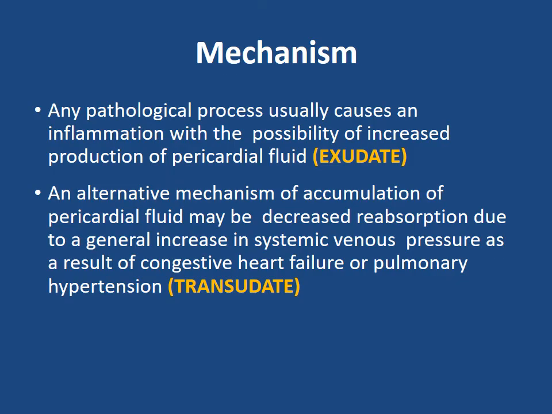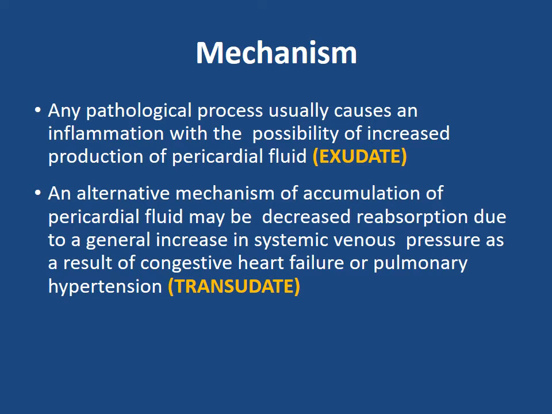There are two mechanisms for the pathophysiology of pericardial effusion. The first one is an increased production of fluid and the second one is a decreased absorption of fluid. Any pathological process usually causes inflammation with the possibility of increased production of fluid. It results in pericardial effusion. In this type the effusion will be exudative.